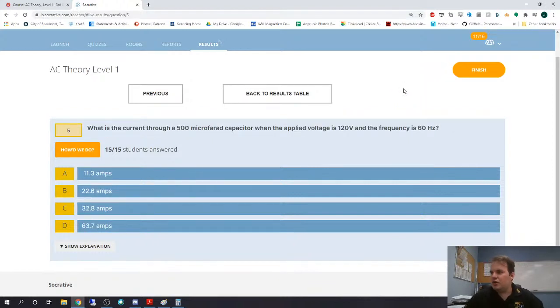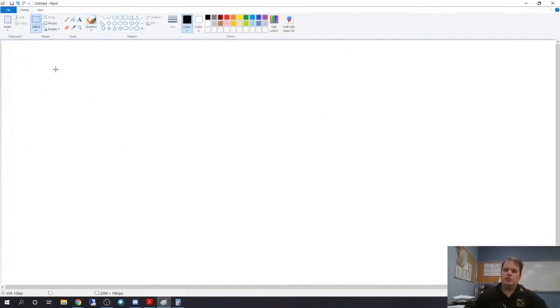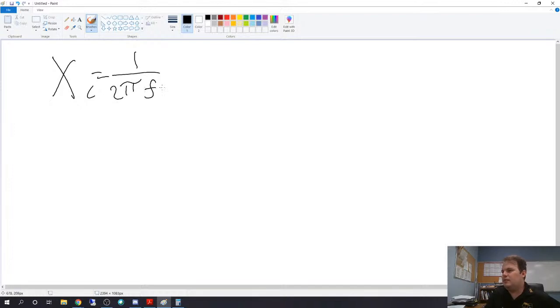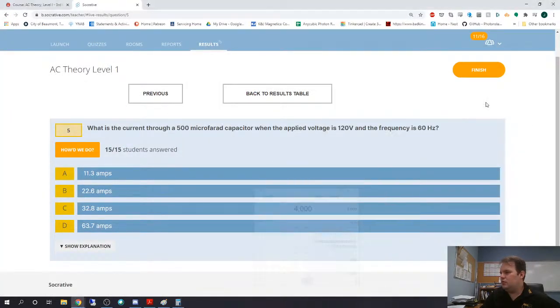And last, what is the current through a 500 microfarad capacitor when the applied voltage and frequency is 60 hertz? Easy. Let's get us a new sheet. So, remember from the beginning of this lesson, X of C equals 1 over 2 pi f C. 60 and 500 microfarads.